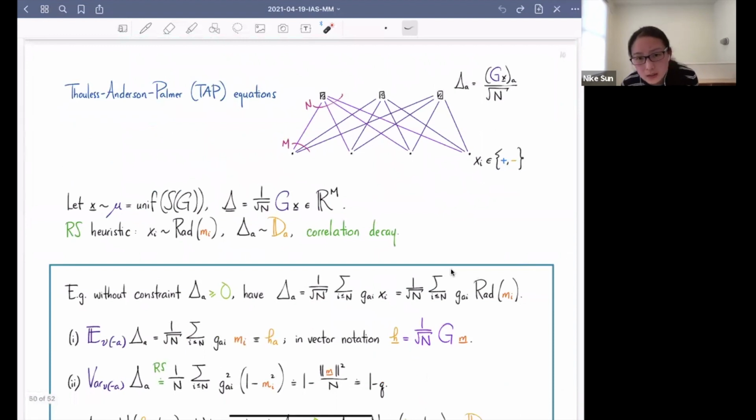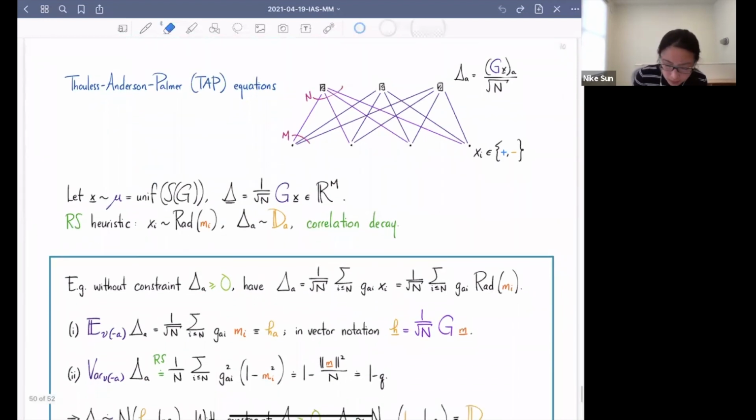It turns out that the answer is given by something called the TAP equations, which I will try to describe briefly now. Let mu be the uniform measure on the perceptron set, and let delta be 1 over square root n times G times x.